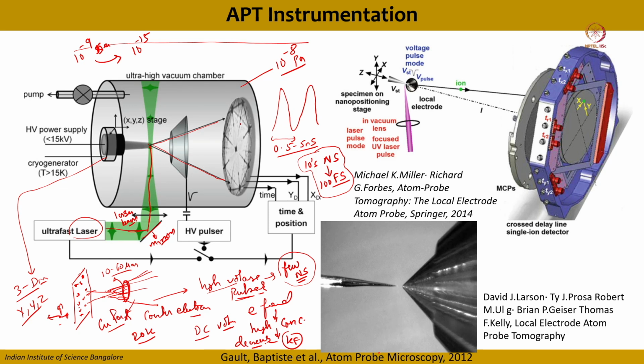Okay, so on the right side there are different images in different directions. You can see that this is your atom probe needle. This is your counter electrode. Okay, and while applying the voltage pulse or the laser pulse, these ions travel along the field lines, and this particular part is nothing but the detector.